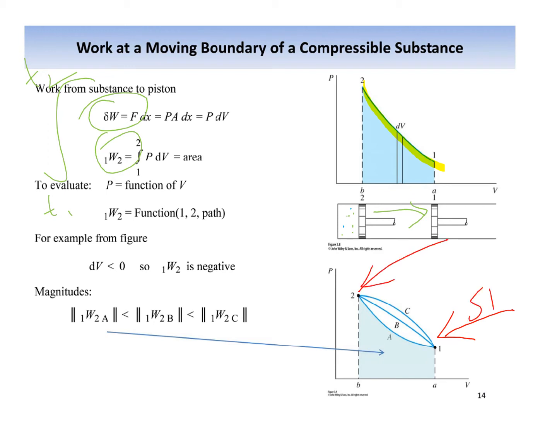This is state 1, and this is state 2. We may have an infinite number of possibilities of achieving these two states, and an infinite number of processes that may take the system from state 1 to state 2, because states are defined using thermodynamic properties at that instant.